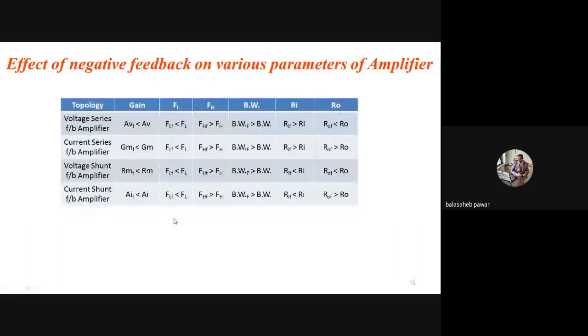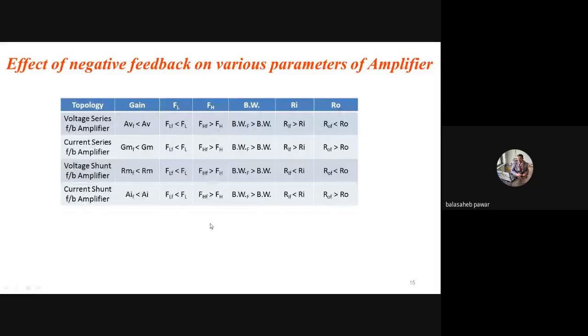Similarly FH, the higher cutoff frequency, as I already told, and as we discussed in detail, increases. We derived the relation between FHF and FH, and observed by that derivation that FHF is greater than FH. So for all types of amplifiers, the higher cutoff frequency increases as compared to without feedback.